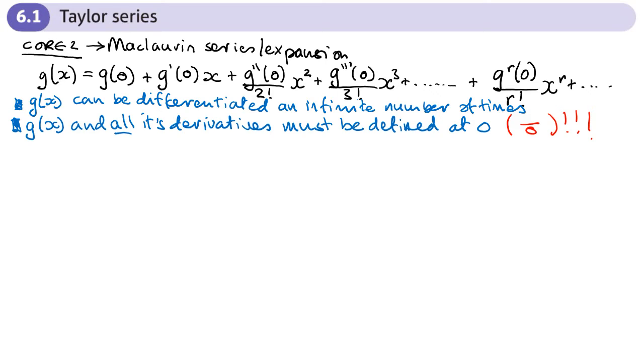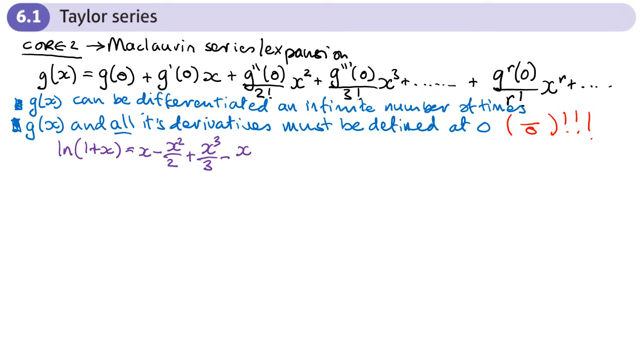Okay, let's have a look at one of the Maclaurin expansions. Let's look at the expansion for log 1 plus x. Okay, this is in the formula book. So if we write down what this looks like, you may or may not know it off by heart, but it's x minus x squared over 2 plus x cubed over 3.